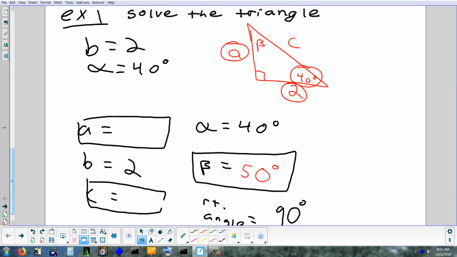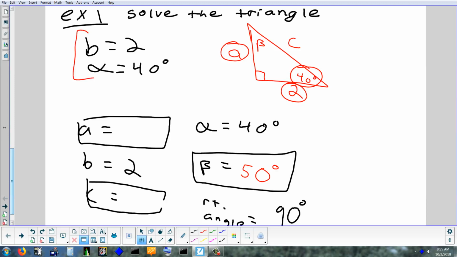Why did I choose the 2 and the 40 rather than the 2 and the 50? Technically, could have done the 50. Yep. So you know 100% that what they gave me is right. So if I stick with using the information that was given, I'm safer than using something that I calculated, right?